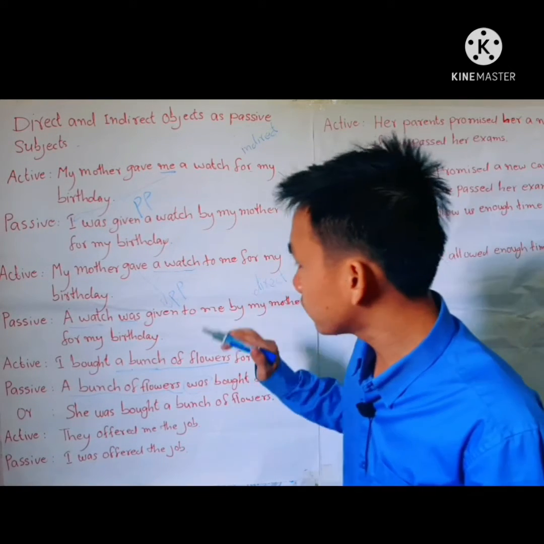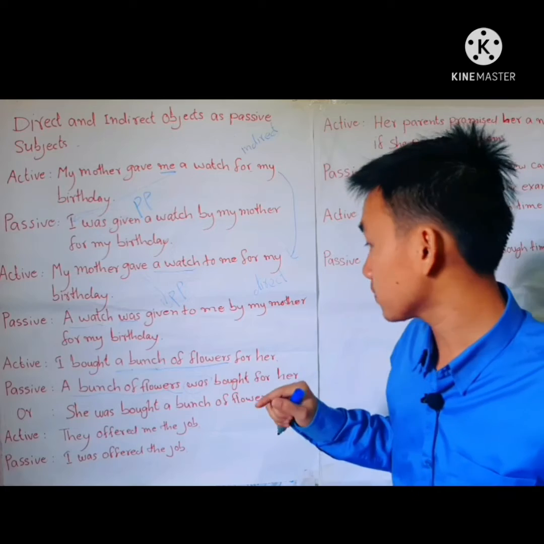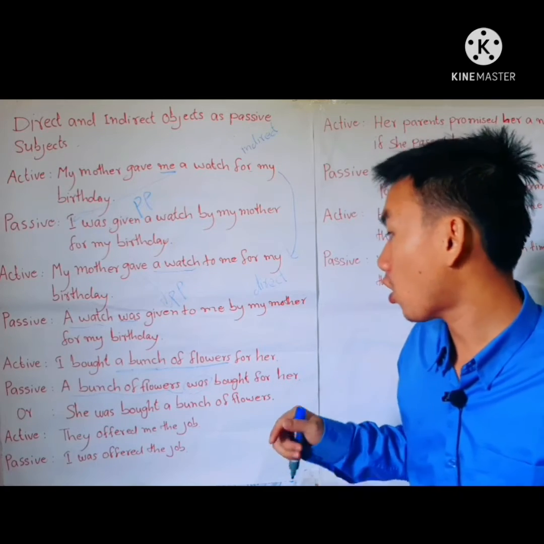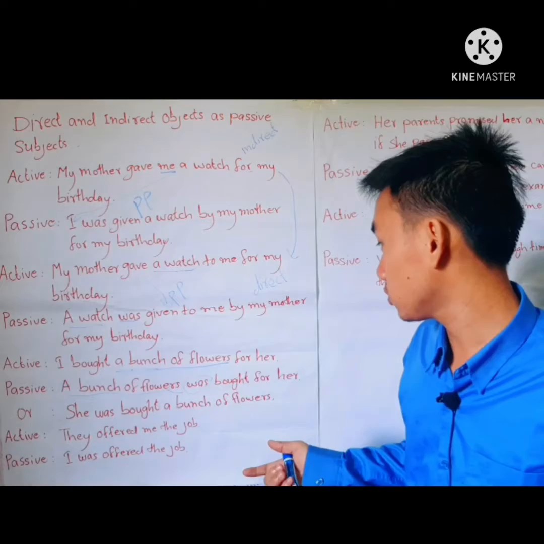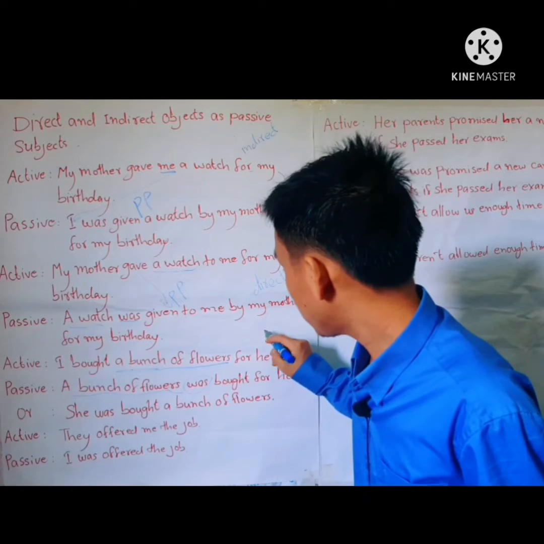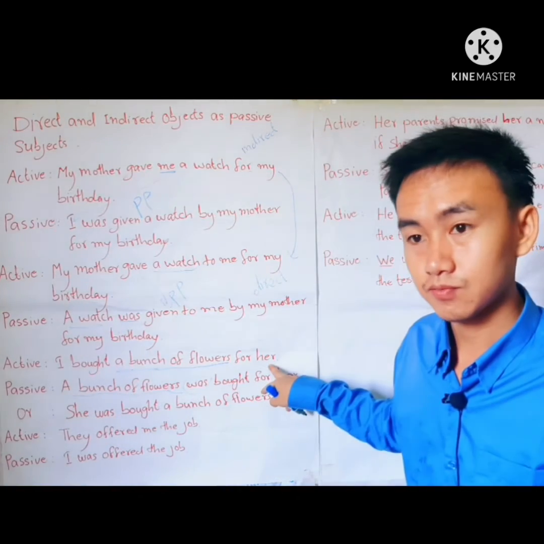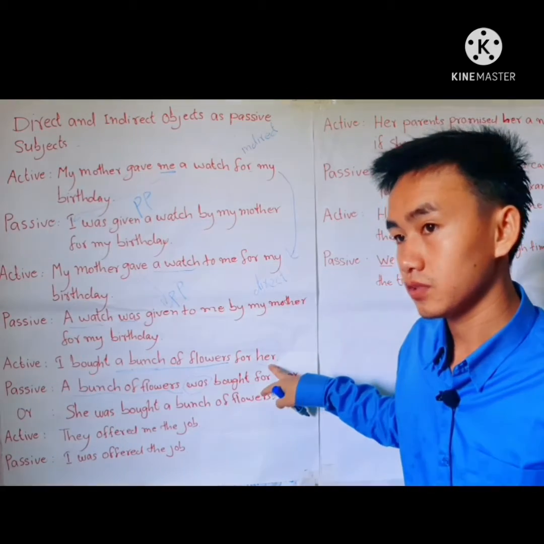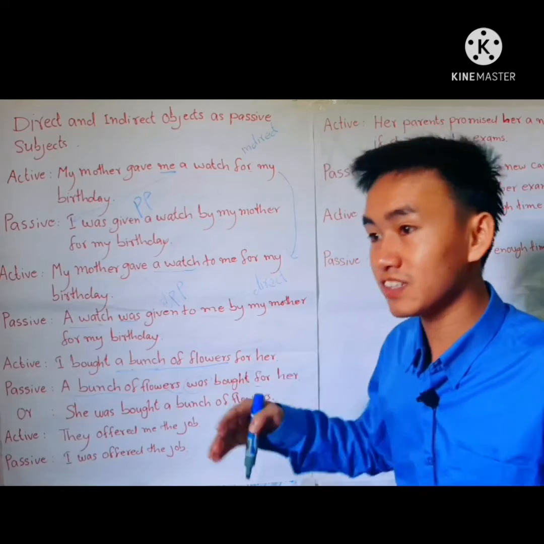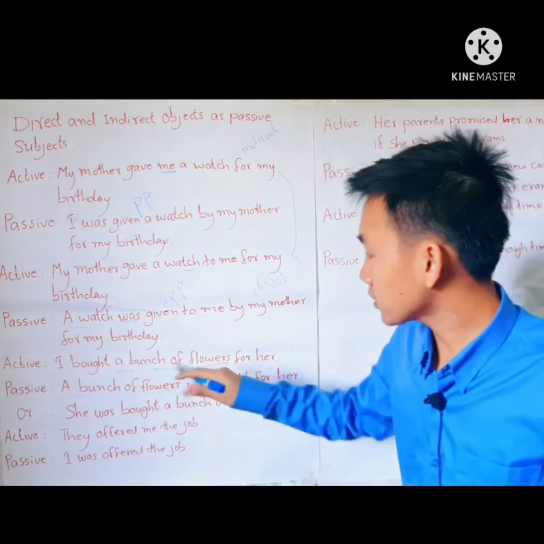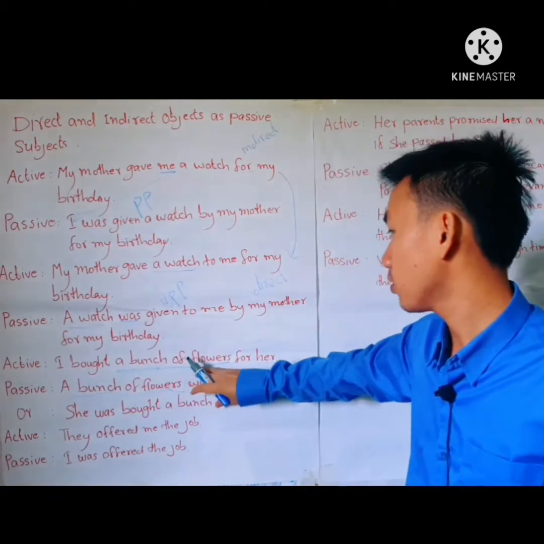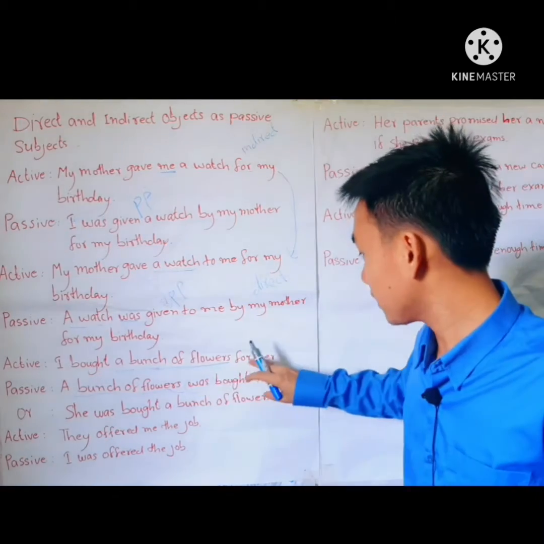Because if we don't use a bunch of flowers, we can use she, because here it is for her, right? Her. It's not the direct. Direct is here, a bunch of flowers, but this is the indirect one.